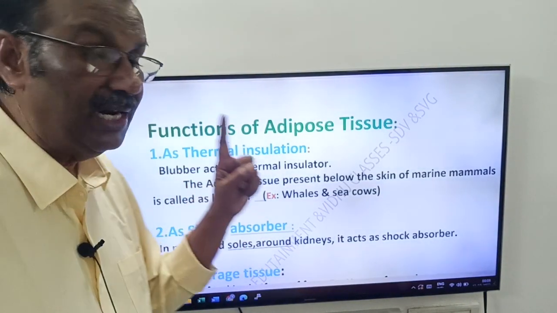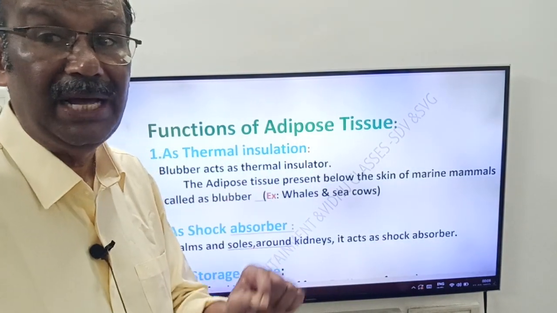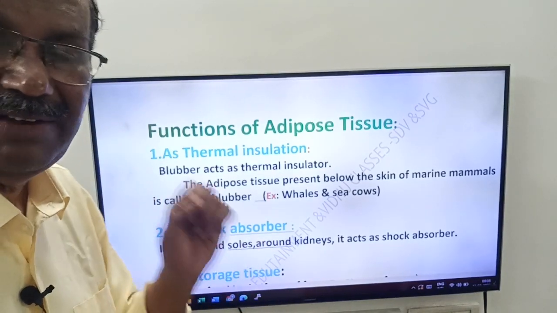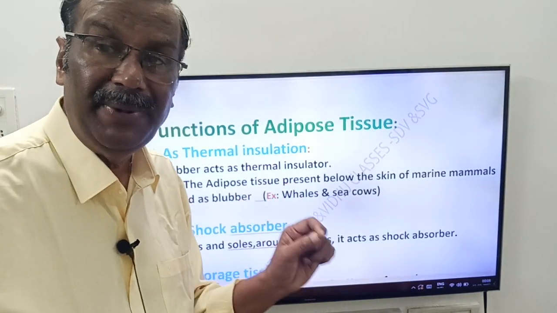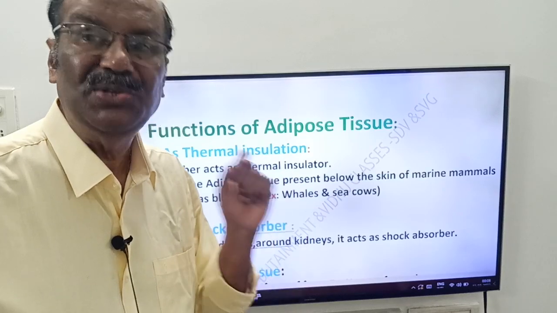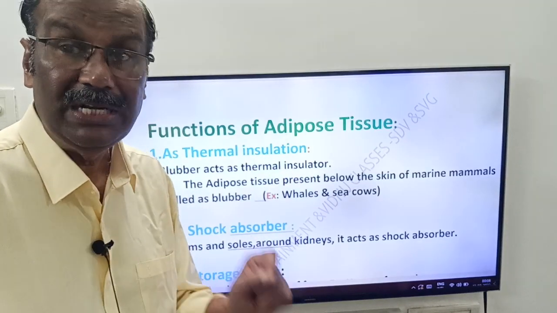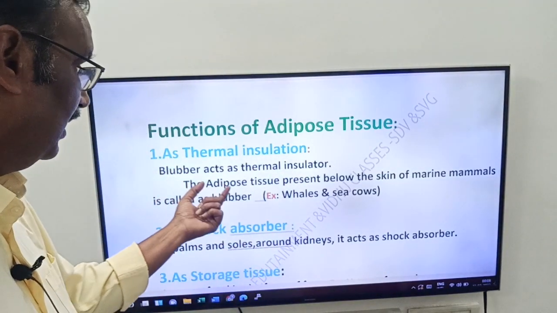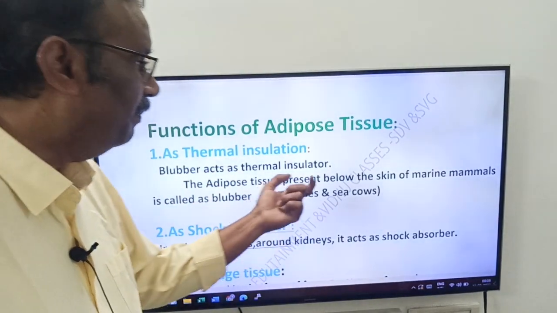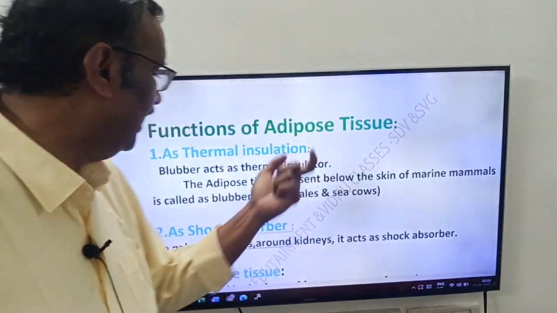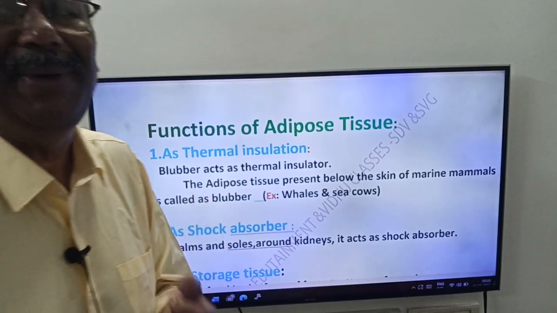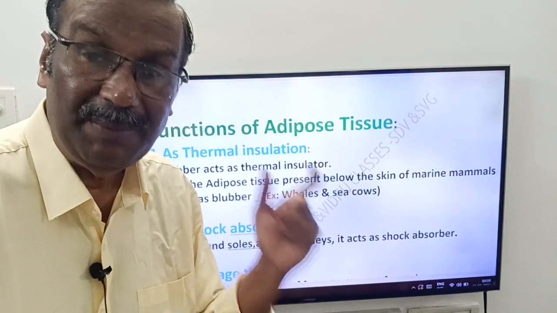Blubber acts as thermal insulator. Friends, blubber, B-L-U-B-B-E-R, very important friends. What is blubber friends? The adipose tissue present below the skin of marine mammals is called blubber.